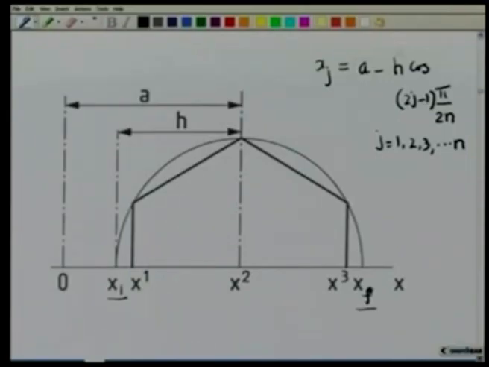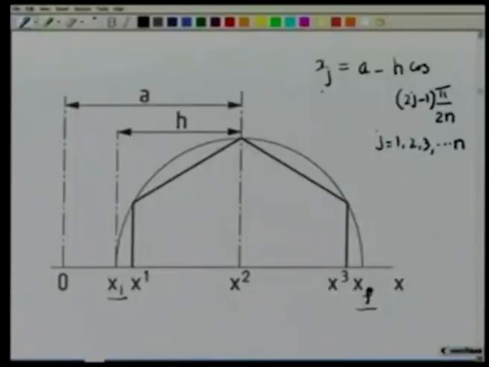This expression can also be used to draw graphically. Whatever we get for xj from this expression can also be obtained from this simple drawing. What we do? We draw a semicircle, as we have seen, with xi xf as the diameter.